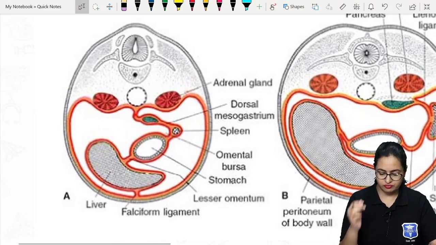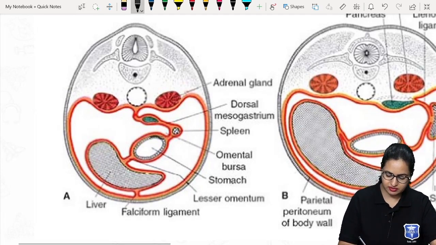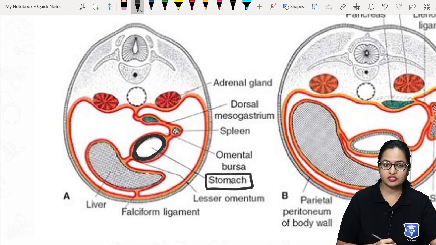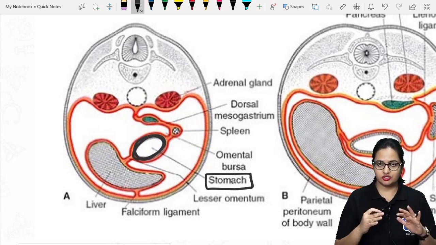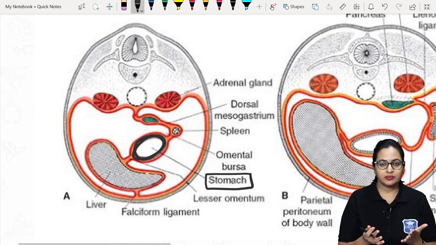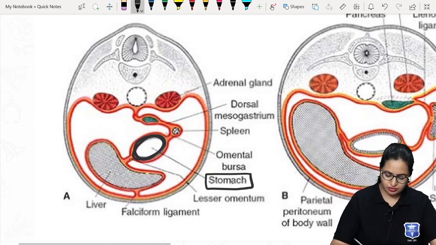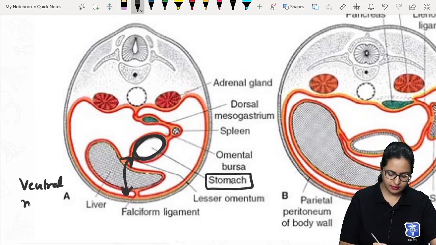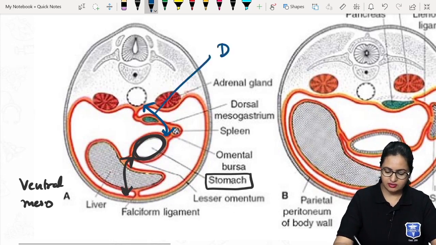If this is the location of the stomach, then the mesogastrium which is present ventral or anterior to it, extending from this point to this point, is the ventral mesogastrium, and the one which is extending posteriorly towards the dorsal side, from here to here, is the dorsal mesogastrium.